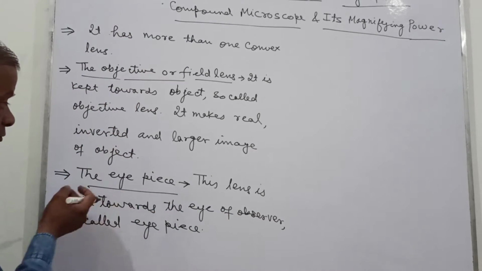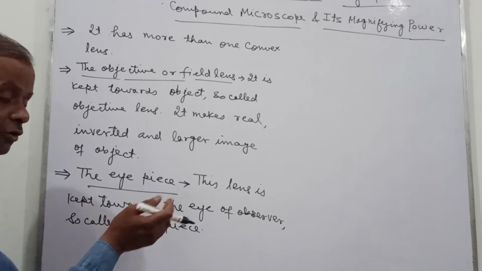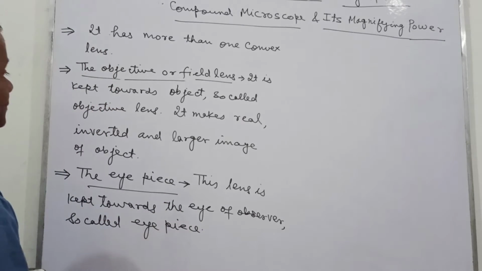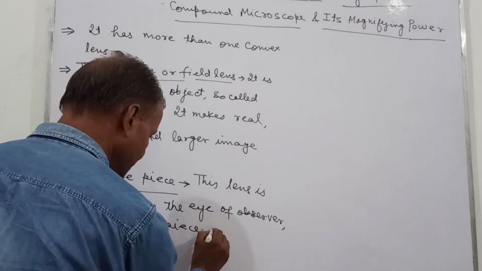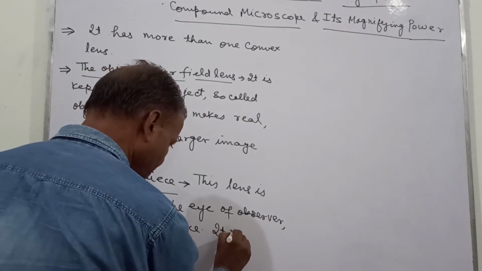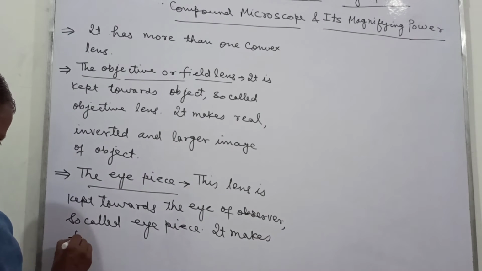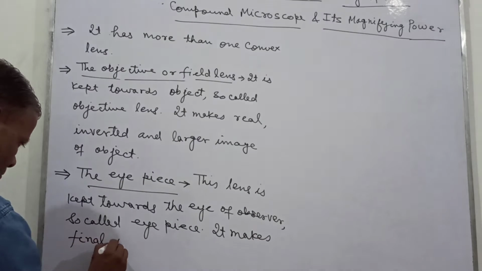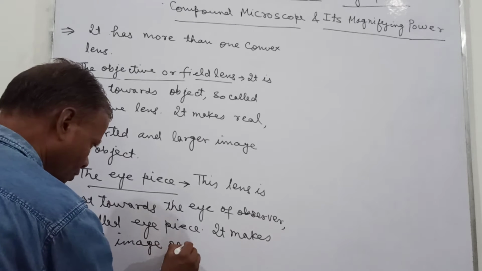I am telling you that this lens is kept towards the eye of the observer, so it is called the eyepiece. It makes the final image of the object.